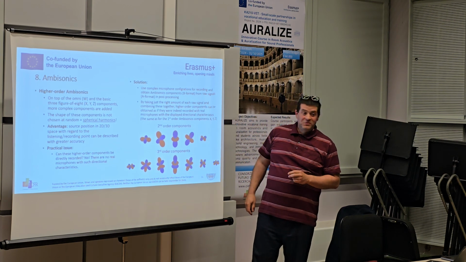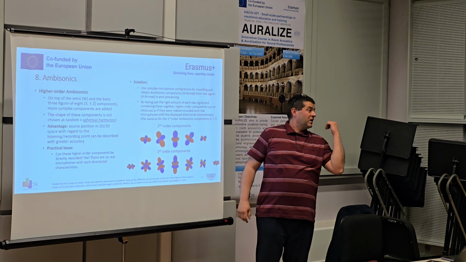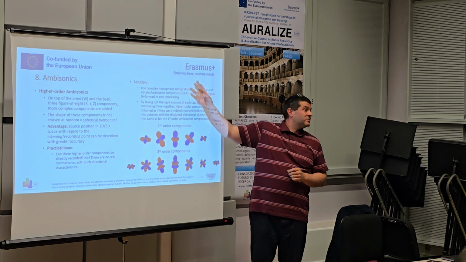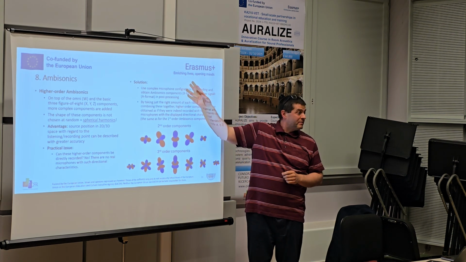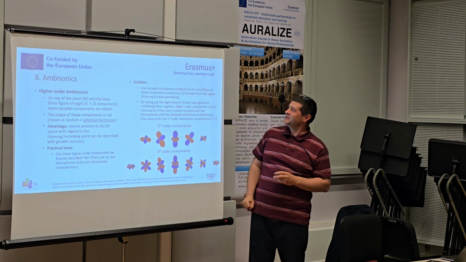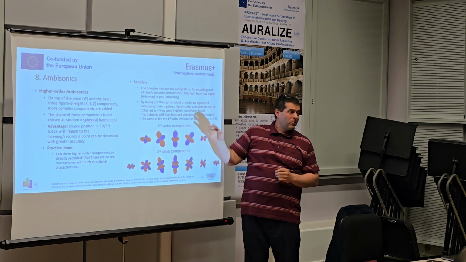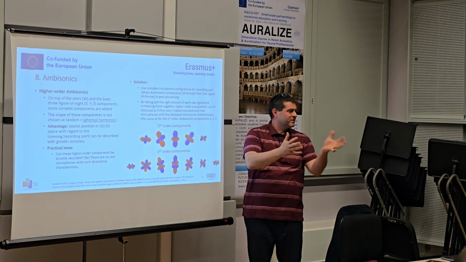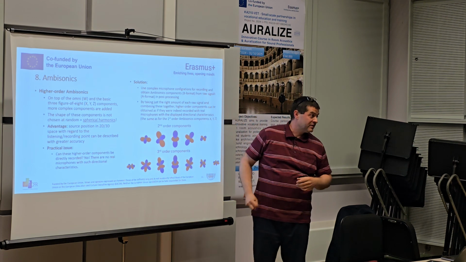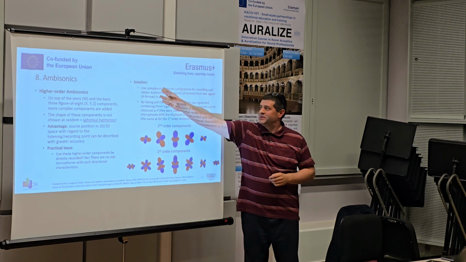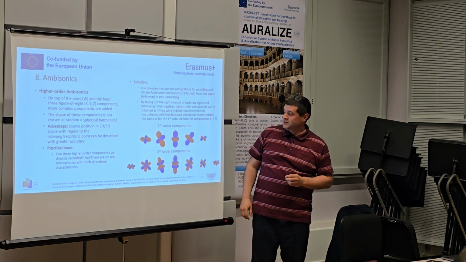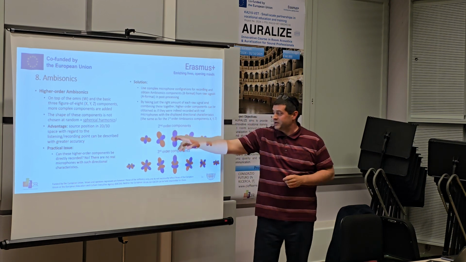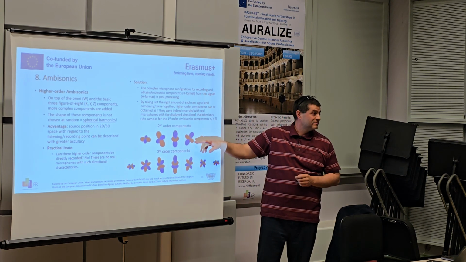But what we can do, just like we did before, is use some kind of complex microphone, I mean more complex than what I showed you. We can record the raw signal, make some sort of transformation, a little bit more complex than the one I showed you, and obtain ambisonics components as if they were recorded with something like that.